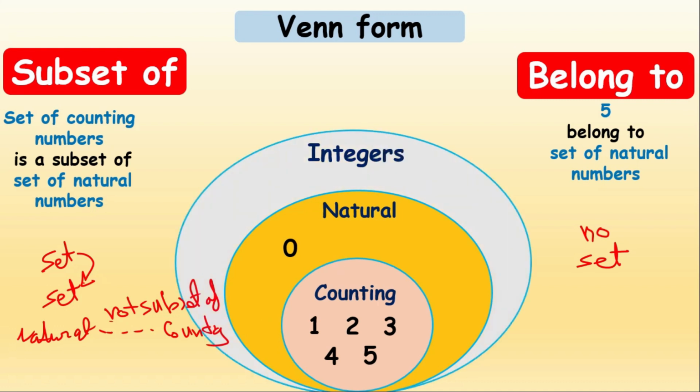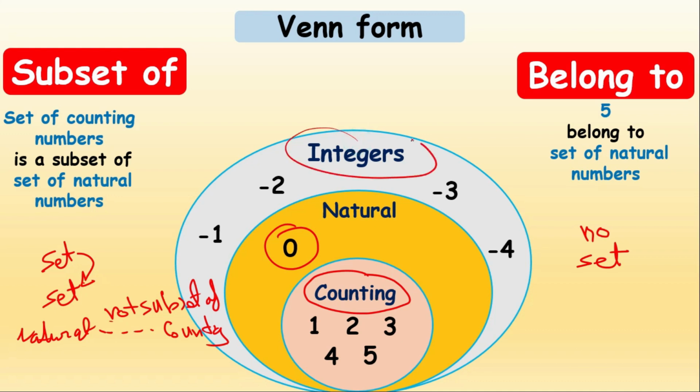Let's complete the sets of numbers. The next set we have is the set of integers, formed of negative numbers, 0 and positive numbers or counting. So the set of counting is already inside the set of integers. You can see the circle of counting is already inside integers.